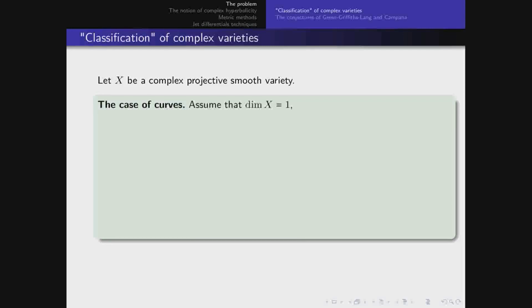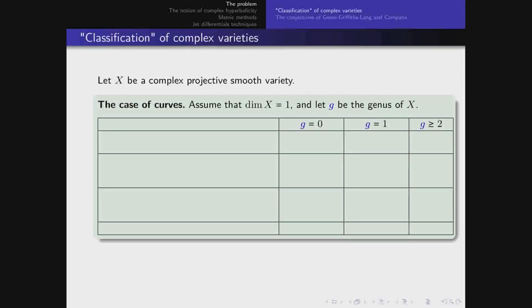If we assume that X is of dimension 1, then we know that there is an invariant, namely the genus, which is an integer, and which allows us to put our variety into one of three classes. Each of these classes has very different properties. For example, the universal cover of the genus 0 curves is just P1, and actually in that case X is itself isomorphic to P1.